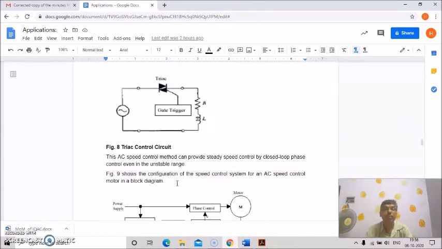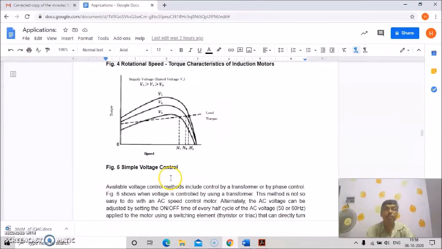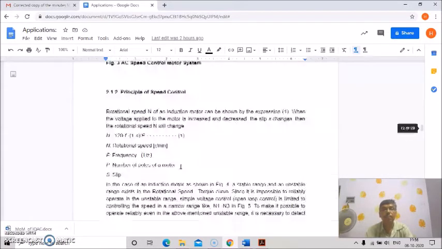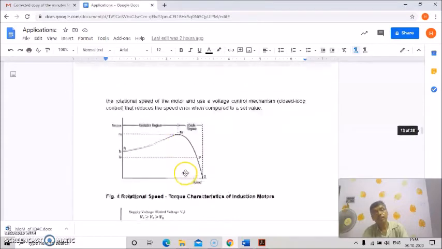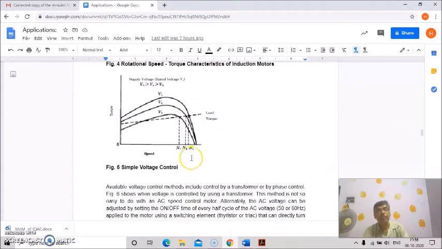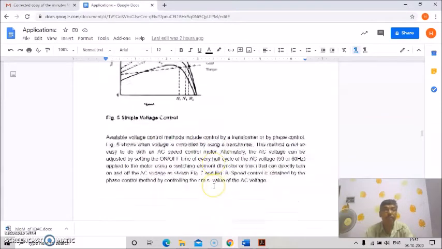Before going to the characteristics of this AC speed control, we are once again reviewing these different methods: the simple voltage control methods, the speed torque characteristics of induction motor, and how the principle of speed control operates. From these equations we get the speed torque characteristics, then the simple voltage control methods, graphical representations of the characteristics at different supply voltage ranges, and load torque characteristics.